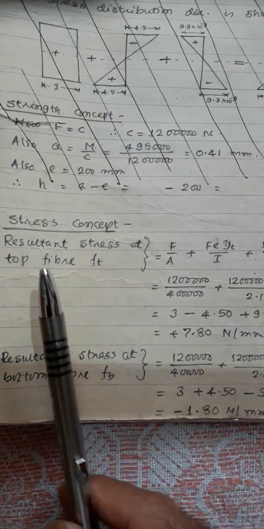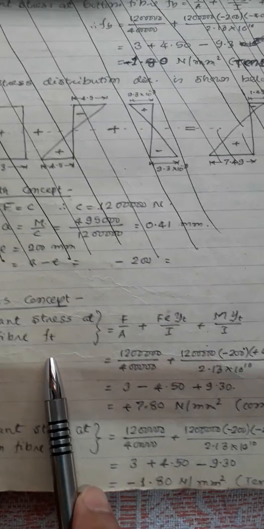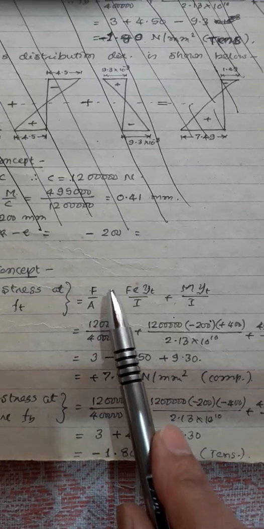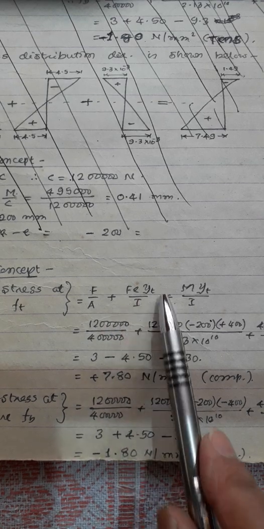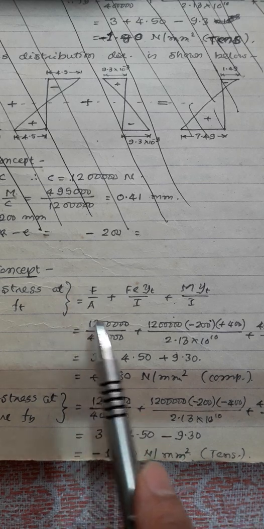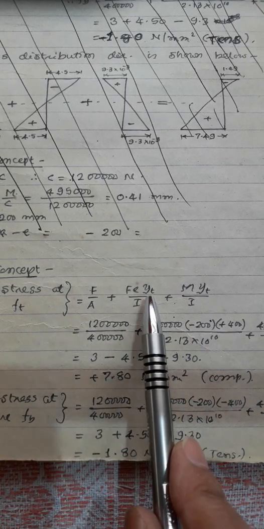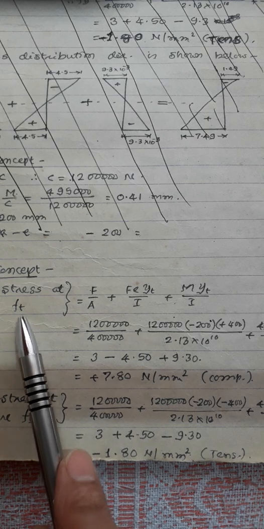Now let us go to the stress concept. By this stress concept, FT, in the sense the top fiber stress, is given by F by A plus or minus F E YT by I plus or minus M YT by I. This is the equation by the stress concept to find the FT value.